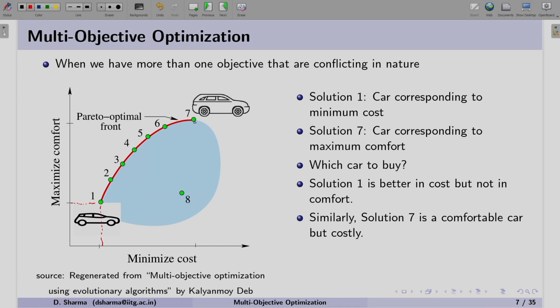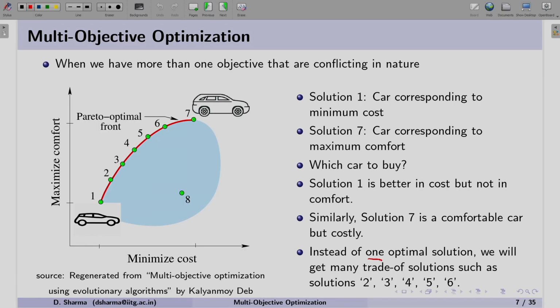Similarly, if we look at car number 7, or solution 7, this is a comfortable car, but it is costly. So here we have a scenario of which car to buy, because both cars are good in one objective and not so good in the other objective.